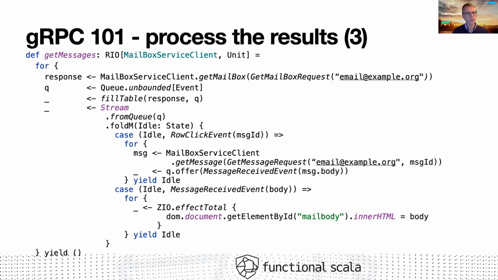So that's why we decided to put it into the same queue here again. And when the stream sees that we get a message received event with the body as an argument, so the body is the message body, we can again use the DOM.document to look up the correct element to add the body. So this is how we interact with the data we get from the server and put it inside the front end.